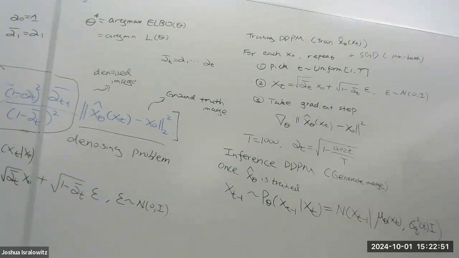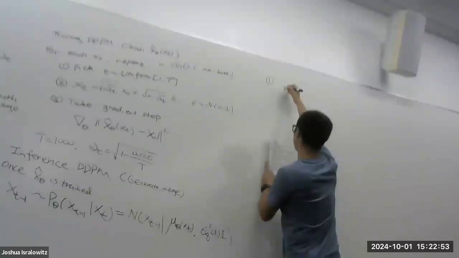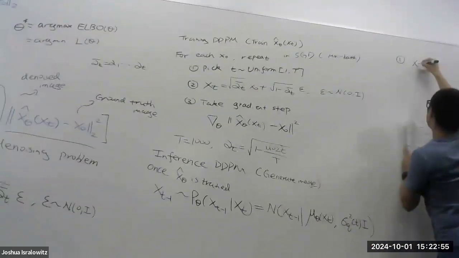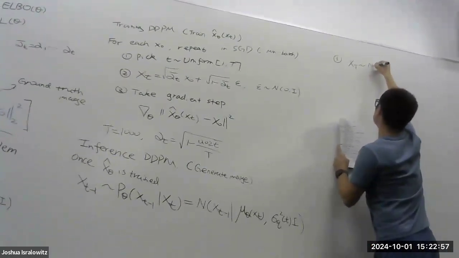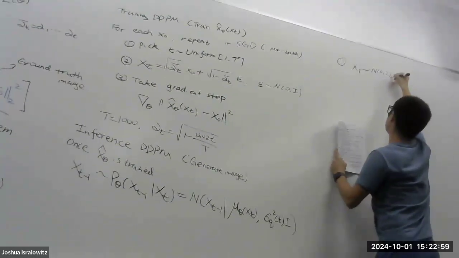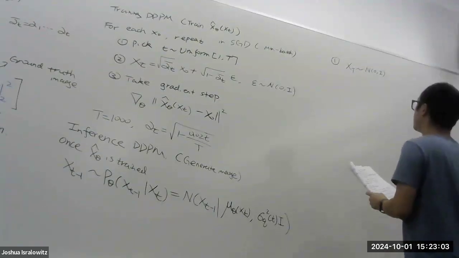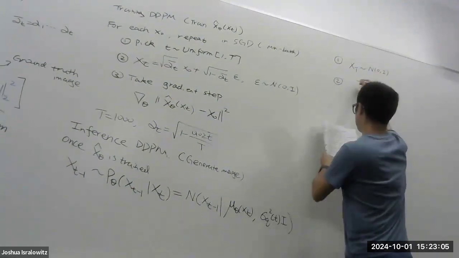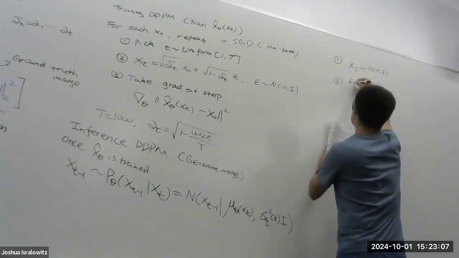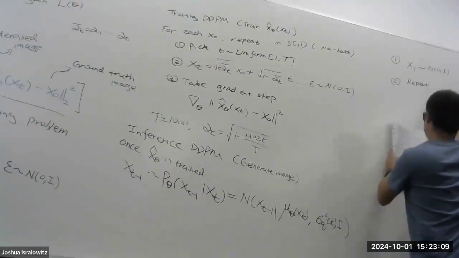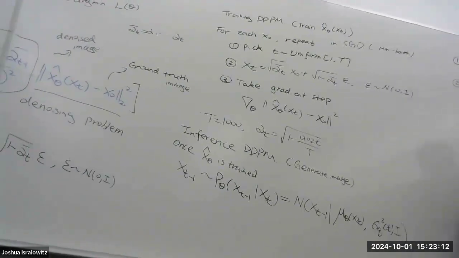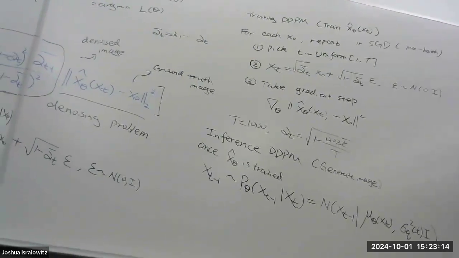The first is you start with white noise. So basically, x capital T is standard white noise, sampled as completely standard noise. Then you repeat this for t from T to 1.